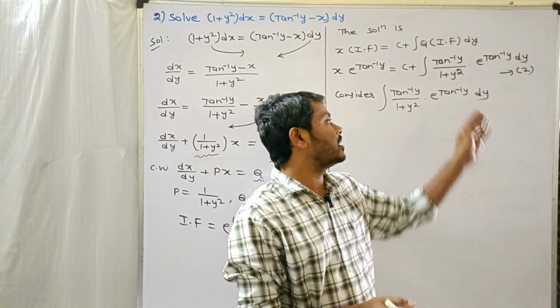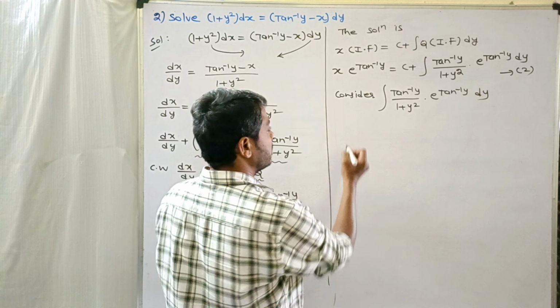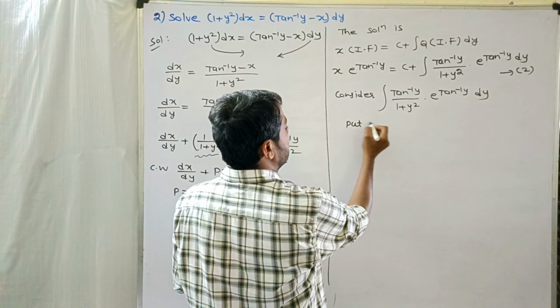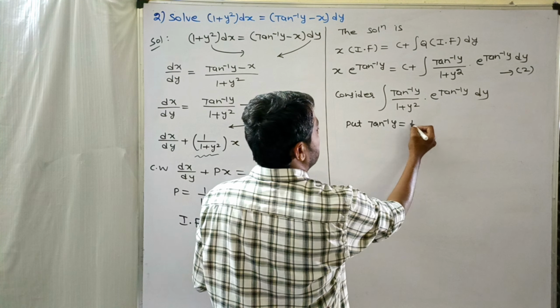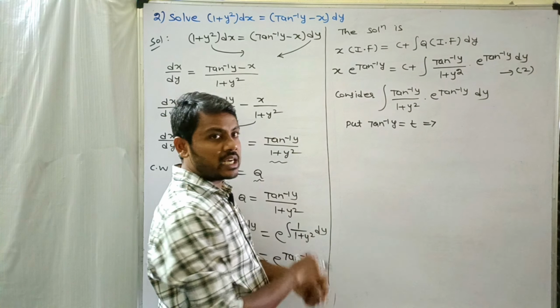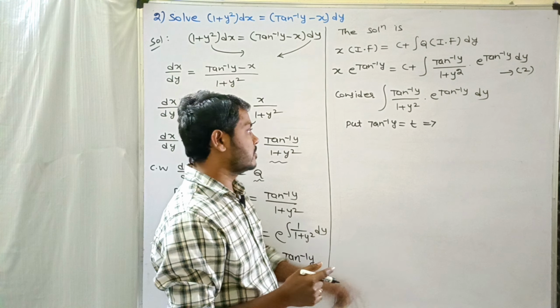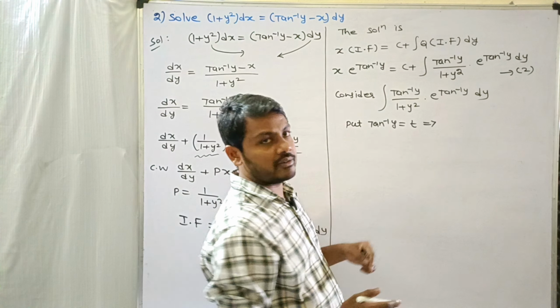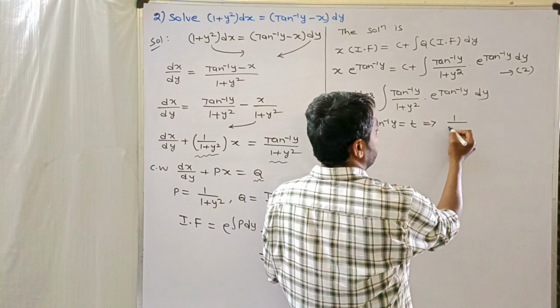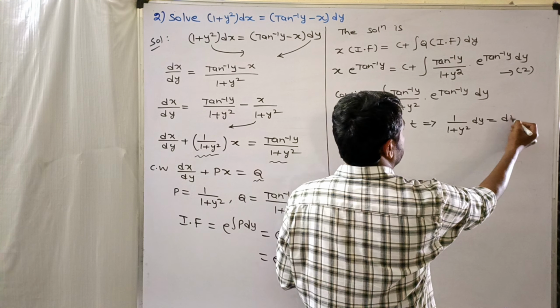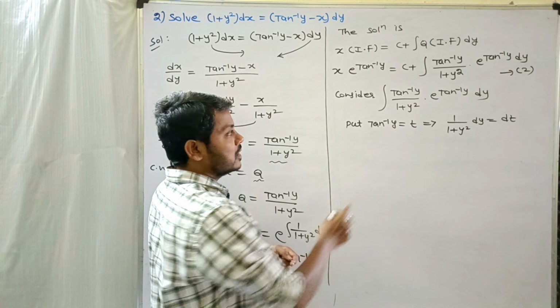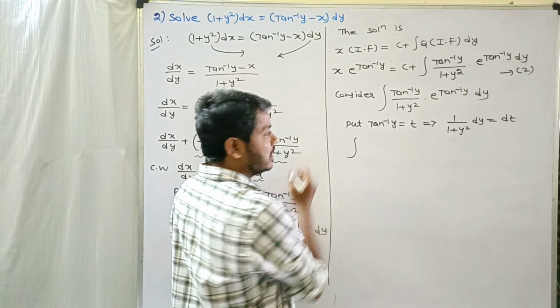So let us consider tan inverse y equals t. Differentiate with respect to y on both sides. We know the derivative of tan inverse y is 1 by 1 plus y square, so 1 by 1 plus y square dy equals dt.